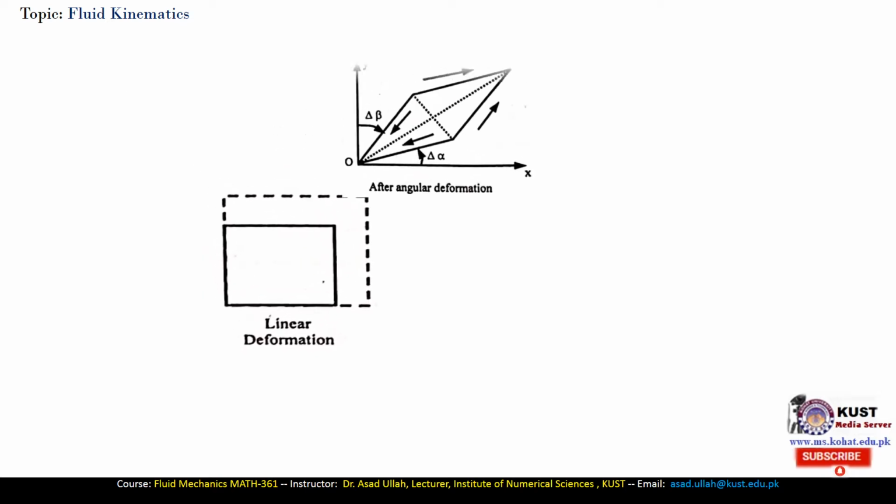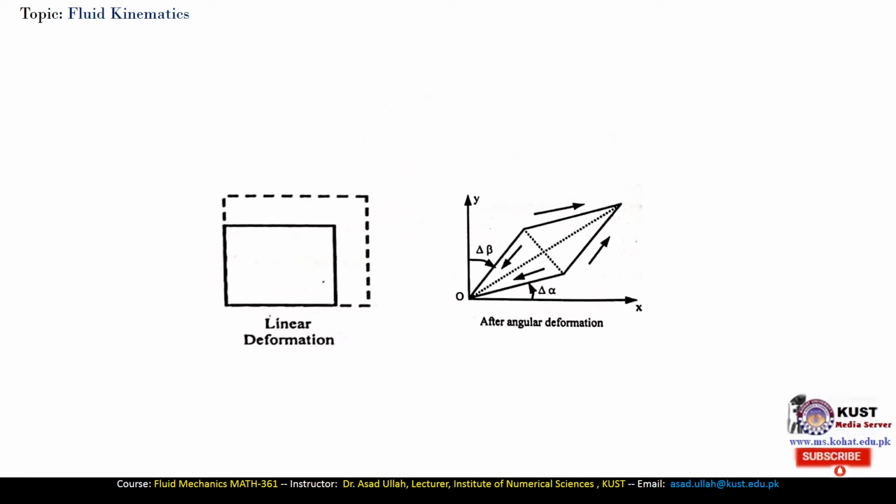Number three, linear deformation, and number four, angular deformation. In this lecture, we have studied four different types of deformations that occur inside the fluid flow. Number one, translation. Number two, rotation. Number three, linear deformation, and number four, angular deformation.